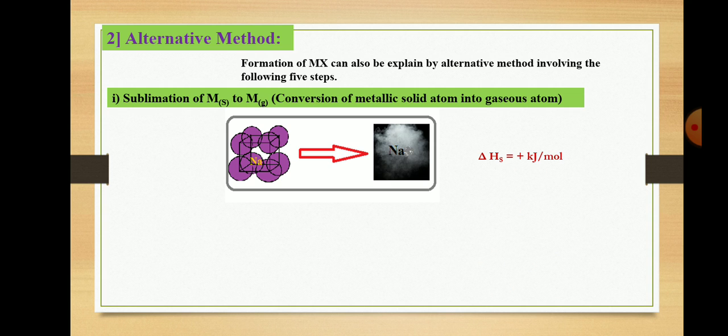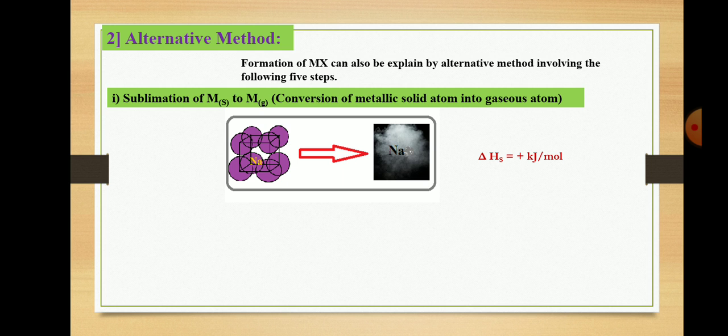We require energy, very important, students. We have to convert the solid metal to gaseous. We require energy. That energy is called the heat of sublimation energy, which is indicated by delta Hs, which is equal to plus kilojoule per mole.